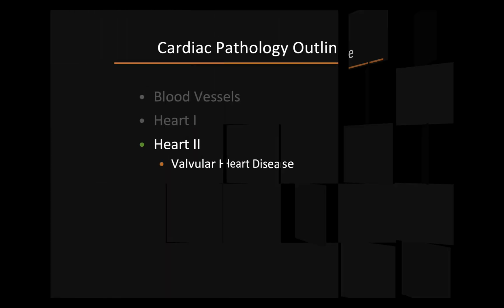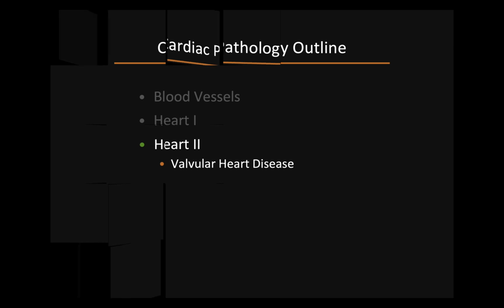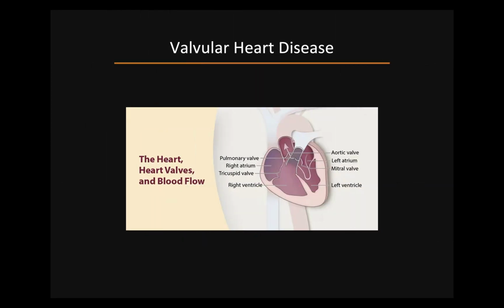So we're going to start off with valvular heart disease. You remember, as far as the heart is concerned, you have 4 valves. You have the tricuspid valve, which is in between the right atrium and the right ventricle. And then you have the mitral valve, which is on the left side between the left atrium and the left ventricle. Then you have those 2 semilunar valves.